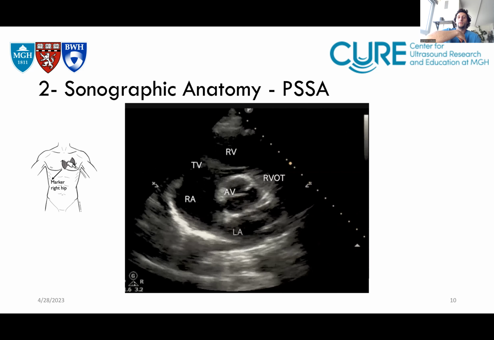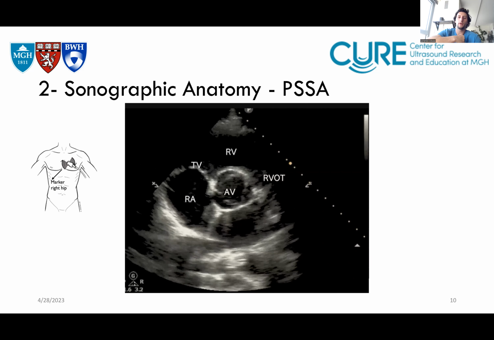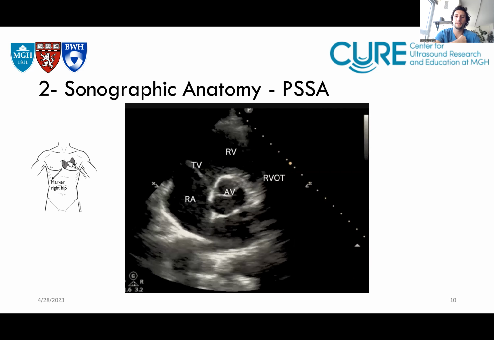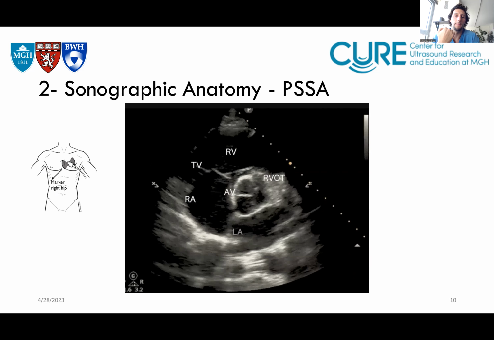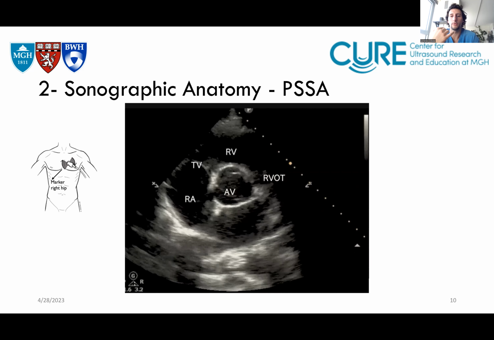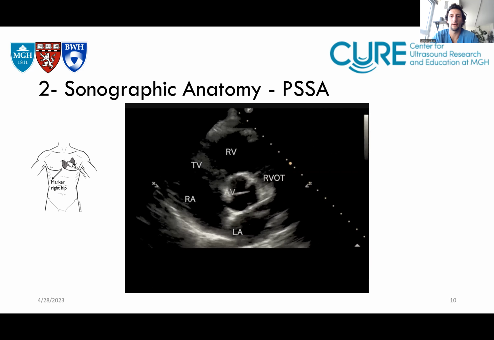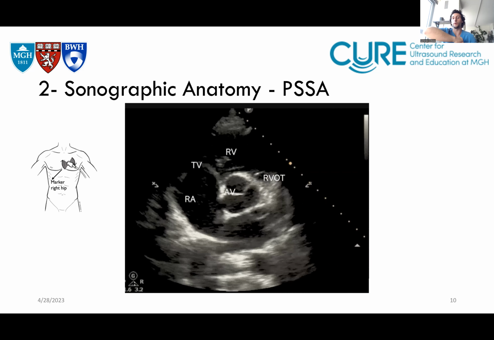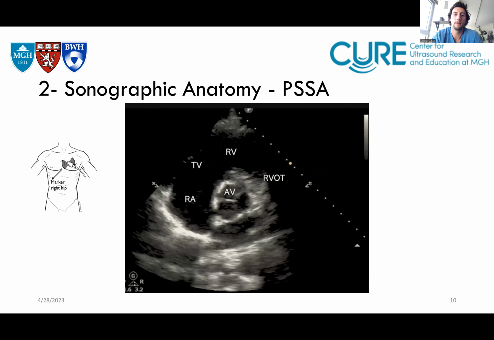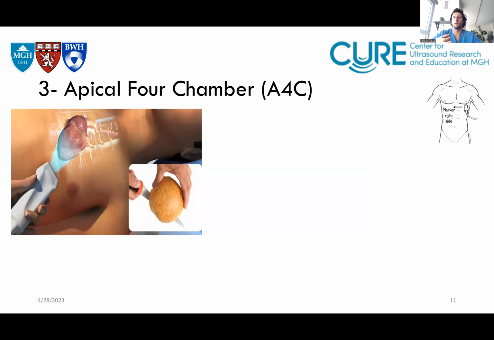So when you turn 90 degrees, sometimes you get a cross section a little bit higher, a little bit lower. This is a little bit higher, so you're actually seeing your right atrium, right ventricle, right side of the heart, and left atrium. If you drag the probe downwards, towards the hips, you'll start to see your classic two ventricle arrangement.